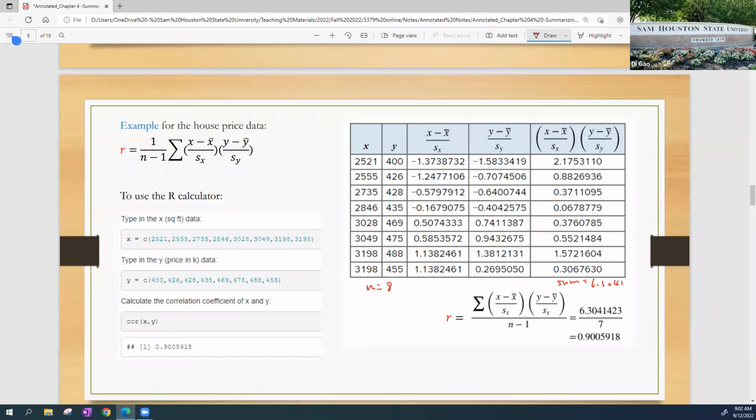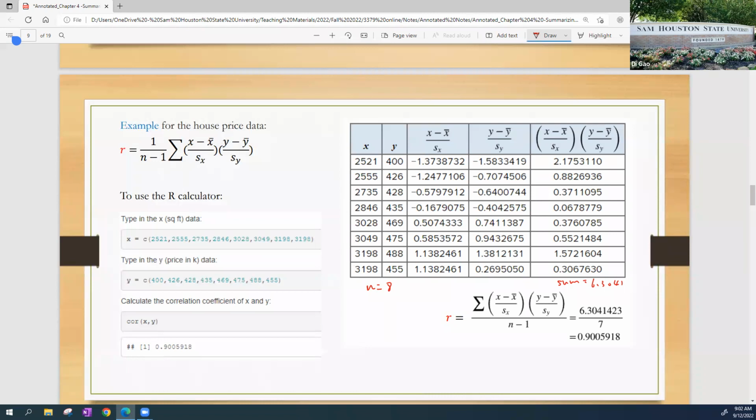If we want to use the calculator, let's introduce this R calculator. In our calculator, we need to type in the data. So x equals c, open parentheses, and then put all the data in with commas to separate it, and close the parentheses. That's how we type it in.